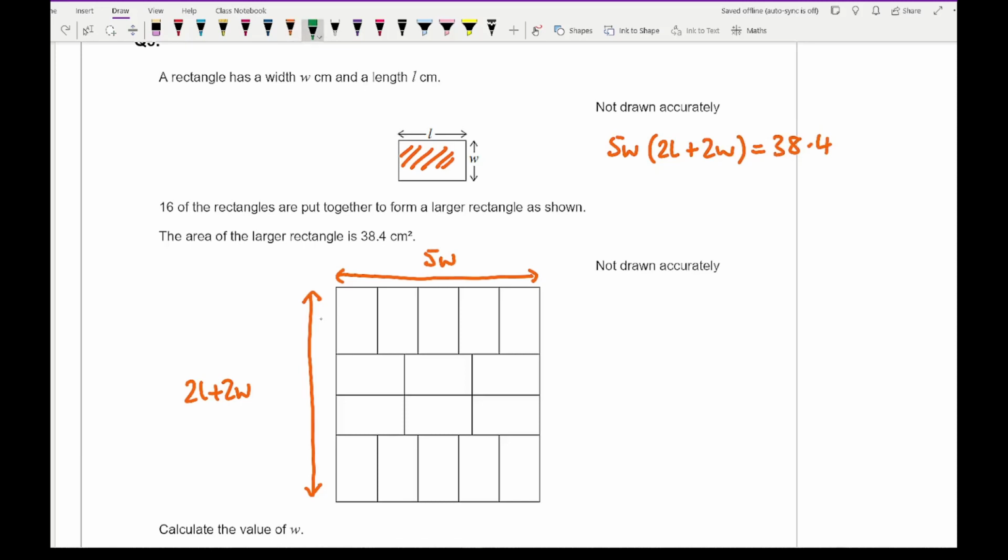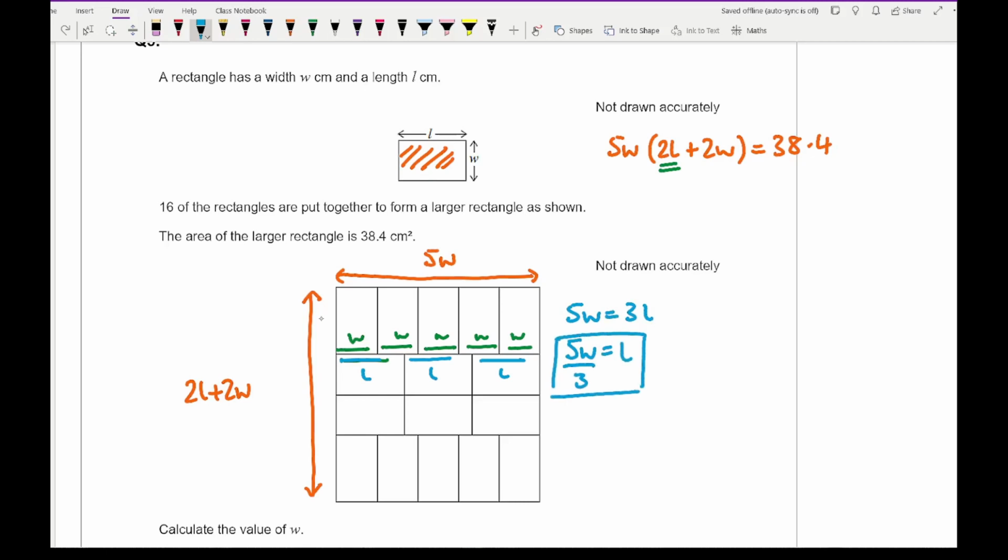So what I need to do is try and rewrite this 2l in terms of w. Now, one thing I do know from the diagram is that if these green lengths represent w and these lengths here represent l, then 5w equals 3l, and if I make l the subject, I get 5w over 3 equals l.